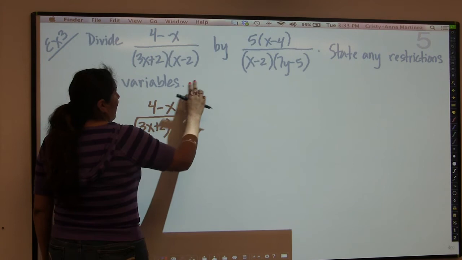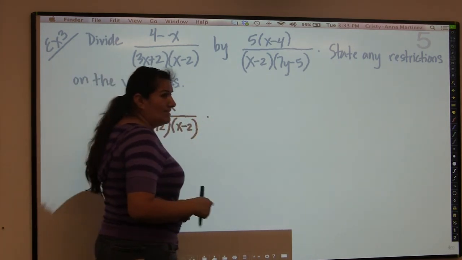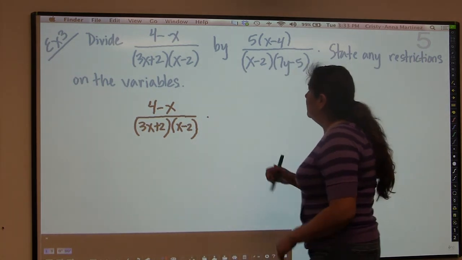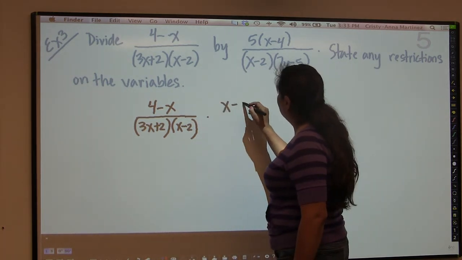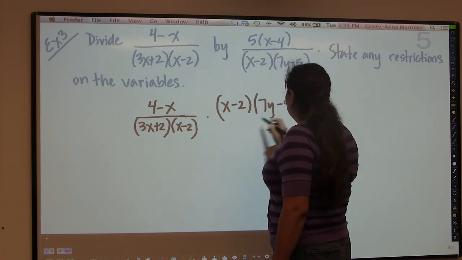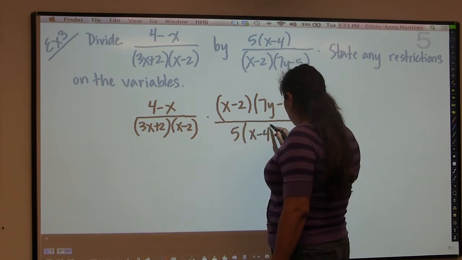And instead of dividing by this, we're going to multiply by the reciprocal. That's how you divide when you're dividing by a fraction, is to flip it over and multiply. So now the x minus 2 is going to be on top with the 7y minus 5. And on the bottom, you're going to have the 5 times x minus 4.